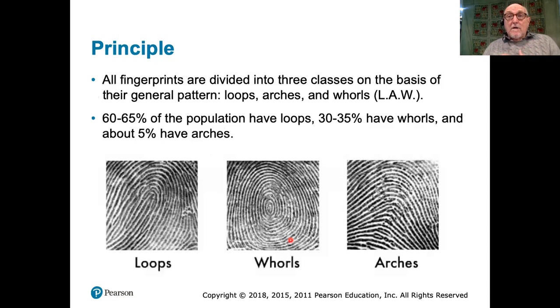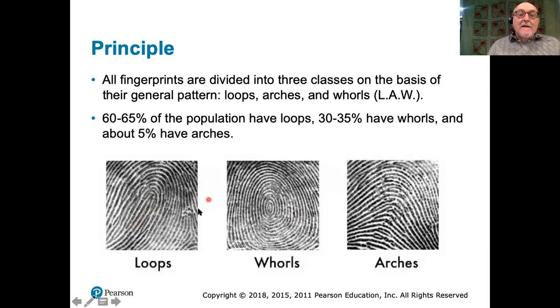Okay, so here are the basic fingerprint shapes. There are three overall shapes, though you do get a little bit of subdivision. The first I've already showed you, and that is the loop. And here it is, here's the loop. This we call the core.